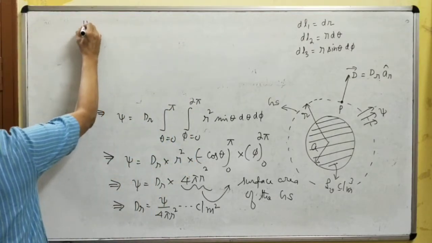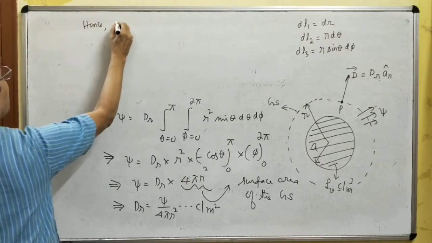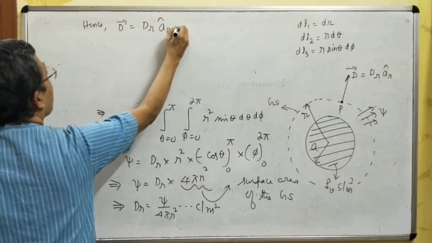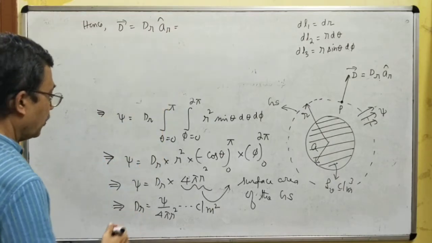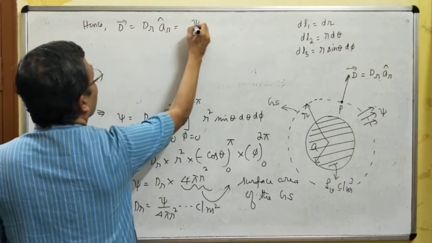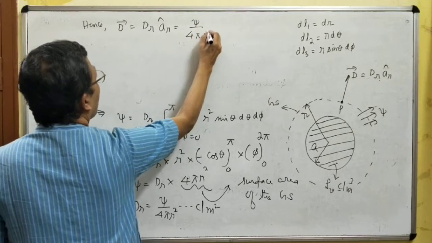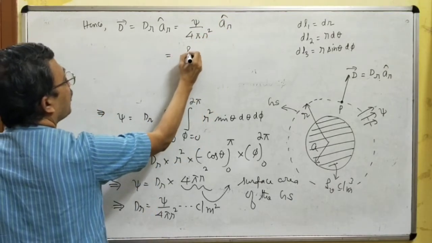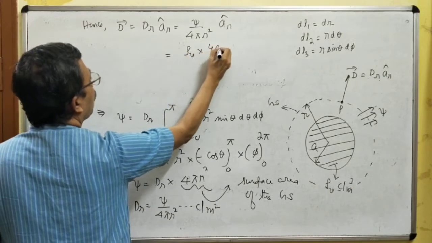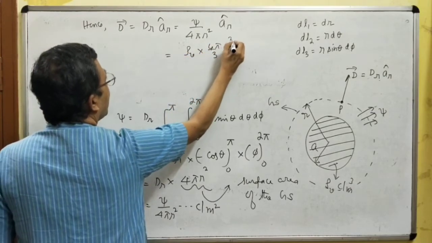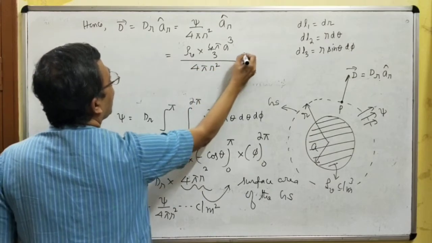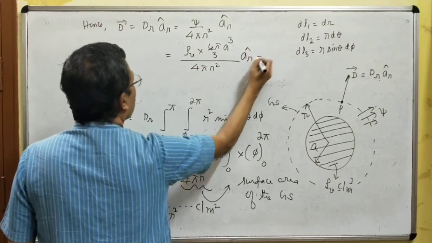Hence, vector D is equal to D_r into a_r cap, which is equal to psi divided by 4 pi r square into a_r cap. In step number 1, what is psi? Rho v into 4 pi by 3 into a cube, divided by 4 pi r square, into a_r cap.